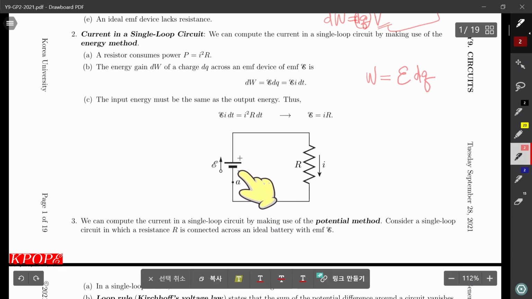So this is the energy supplied to this circuit by this EMF, the amount of work. Here dq passes from the negative to the positive terminal. So the energy gain is dW equals E times dQ, and energy is supplied.